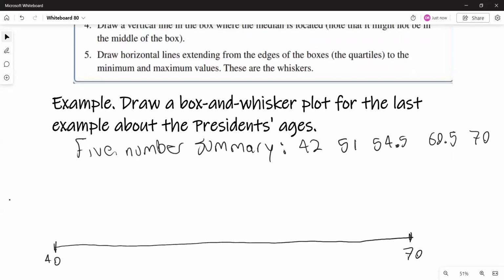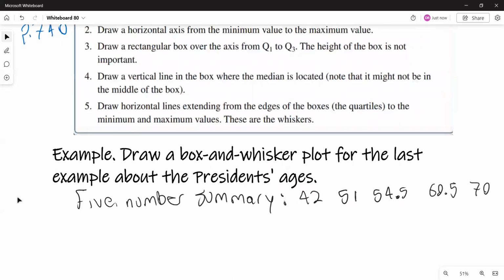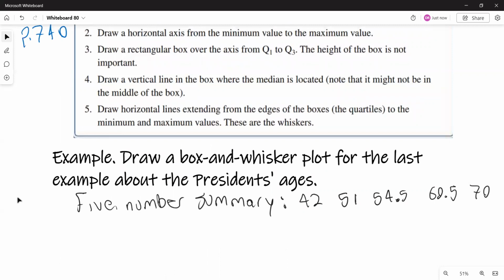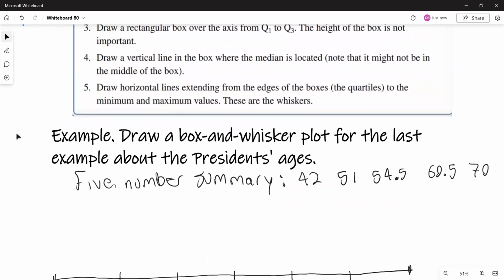So that's 40, and then we have 45, 50, 55, 60, 65, and 70.